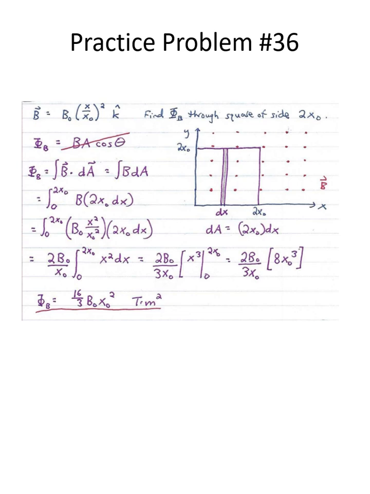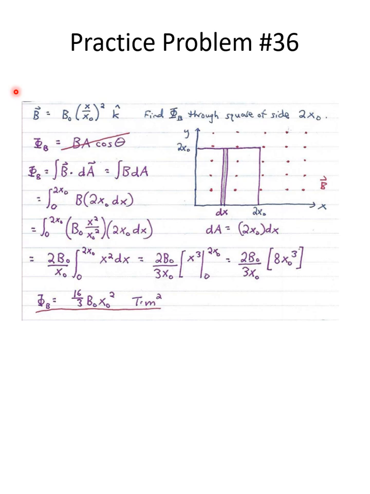And we want to find the flux. So flux is B times A times cosine theta. However, in this case, those components are changing.